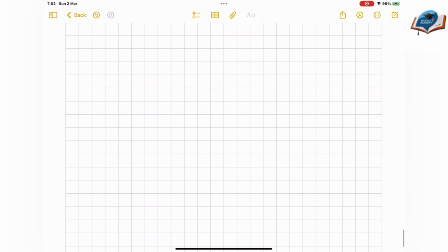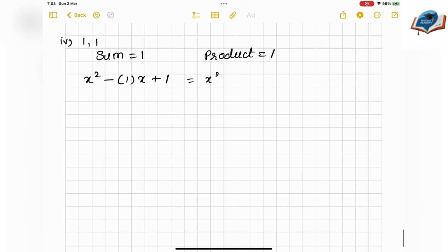Then fourth one, 1 comma 1. So sum equal to 1, product equal to 1. So equation will be x square minus sum. So 1x plus product 1. So this is x square minus x plus 1.